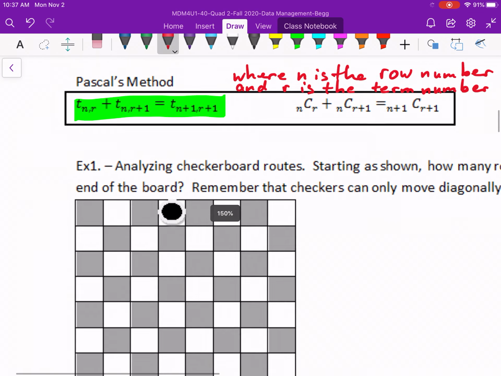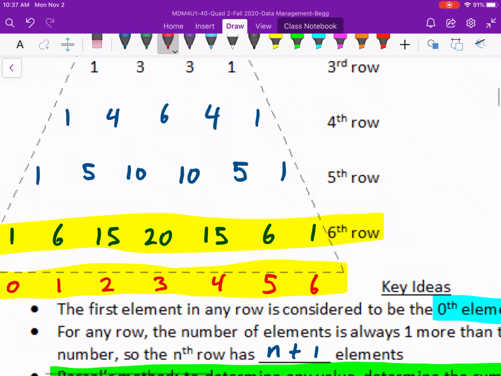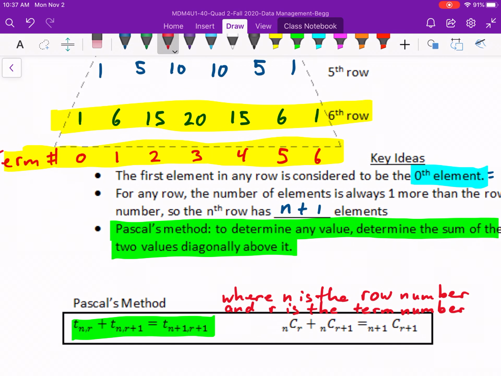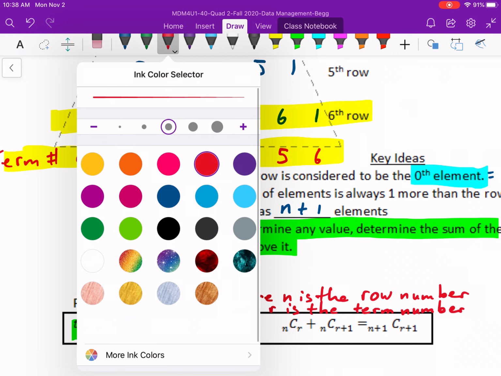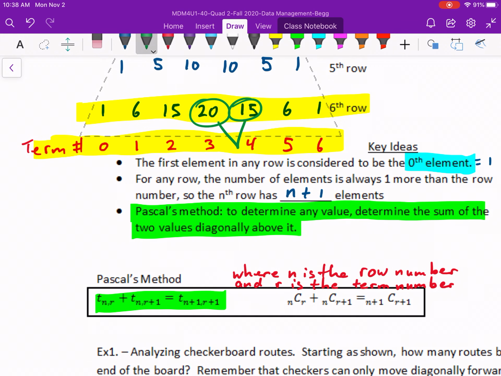So what does that mean? Say I wanted to find out the next row down, what was in here. These things are getting messy with the term numbers there and so on. But say I wanted to find out the next term.